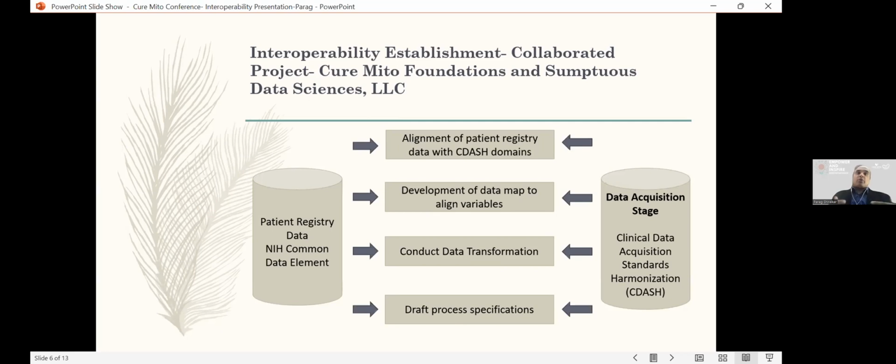So tomorrow, any sponsor or treatment development company or pharmaceutical company that wants to use this type of data has a complete mechanism ready, which shows how the registry data is converted into the regulatory acceptable CDISC format.